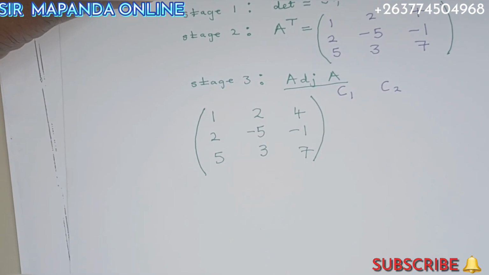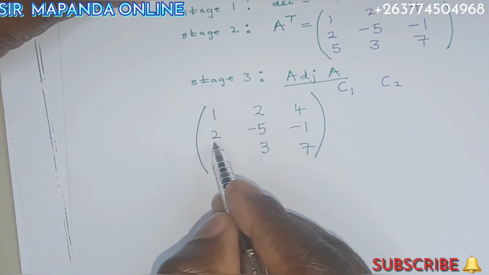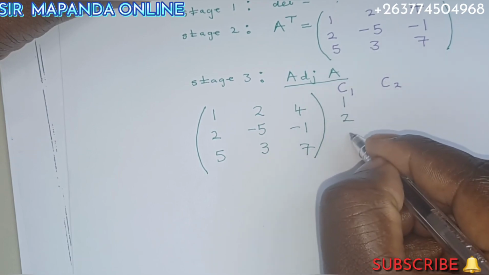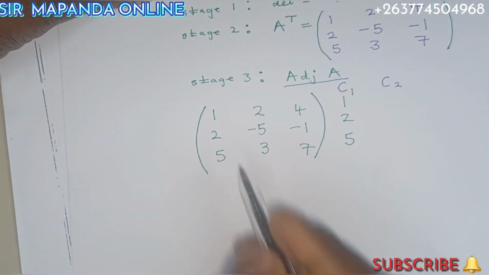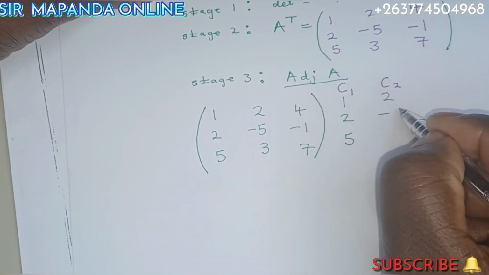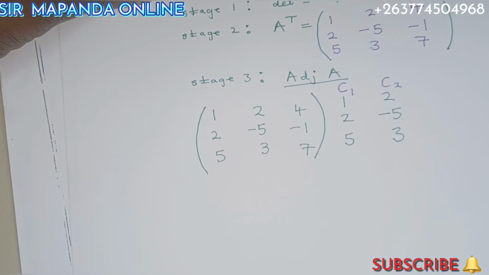What is C1? What is C2? C1 means copy and paste the first column, which is 1, 2, 5. So I'm going to write 1, 2, and 5. Then C2, I'm going to paste the second column as it is, which is 2, minus 5, and 3. I hope you are following.